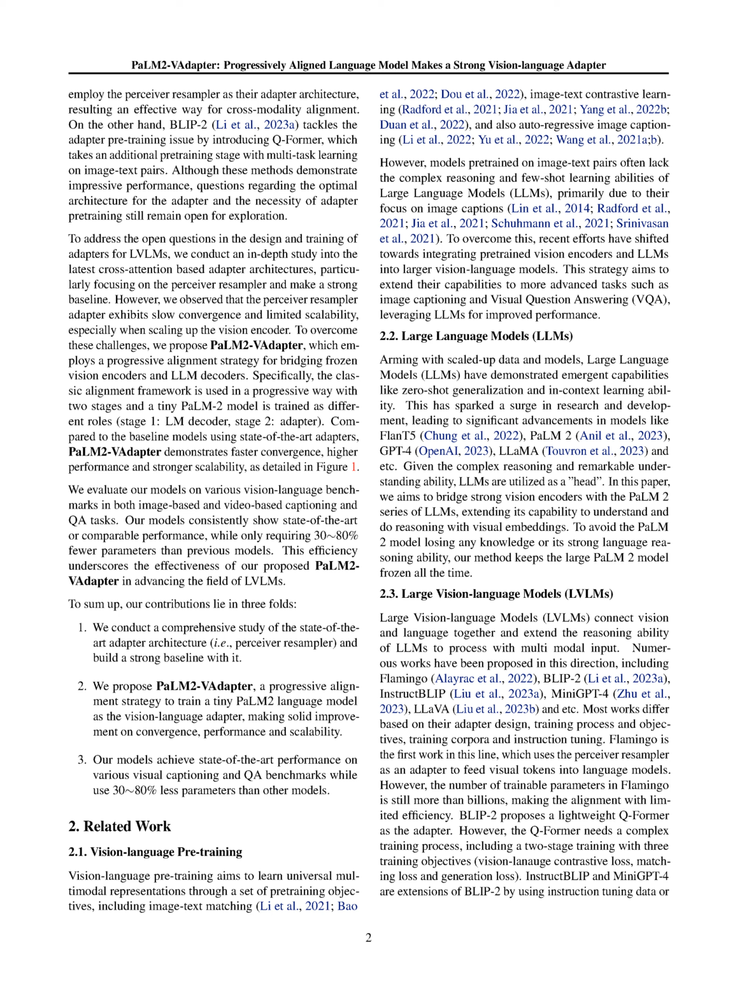We introduce PaLM2-VAdapter, a progressive training strategy that bridges frozen vision encoders and LLM decoders, demonstrating faster convergence, higher performance, and stronger scalability in various vision language benchmarks with 30 to 80% fewer parameters than previous models.